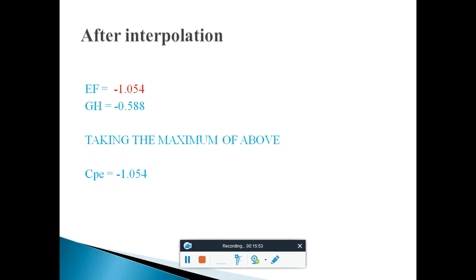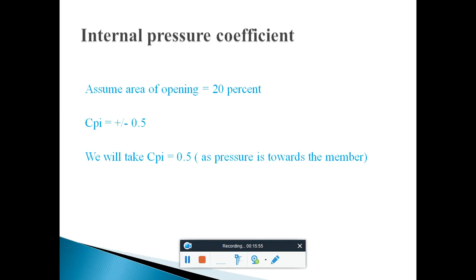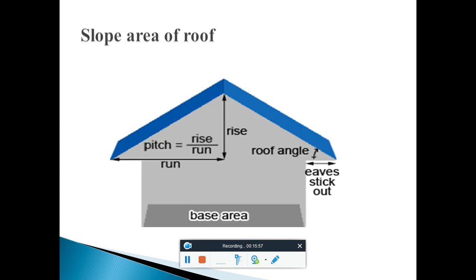We have to calculate the slope area. Slope area means you can see the blue region here. Whatever wind is acting on the roof will act on this blue region. So we need to consider that inclined area, not flat area. That's why we need to calculate this length.